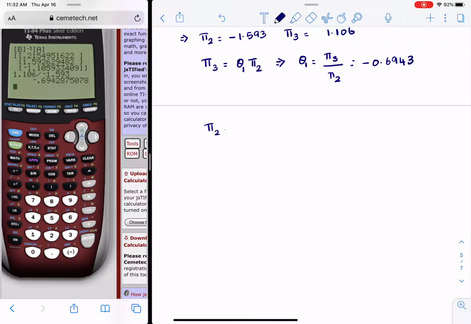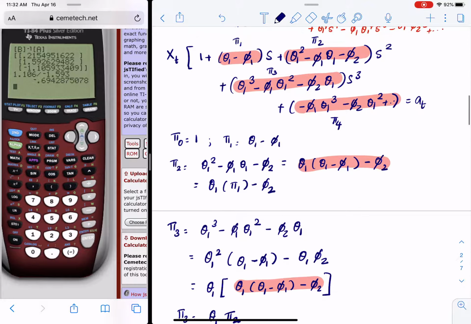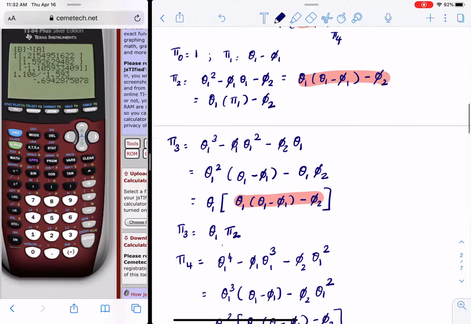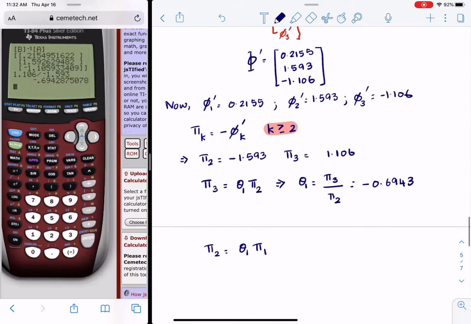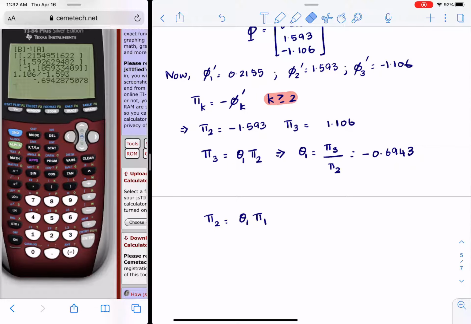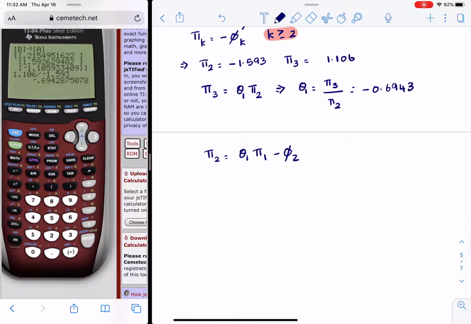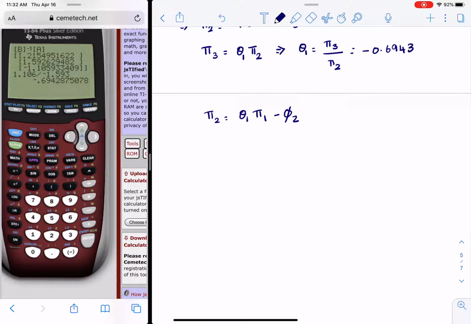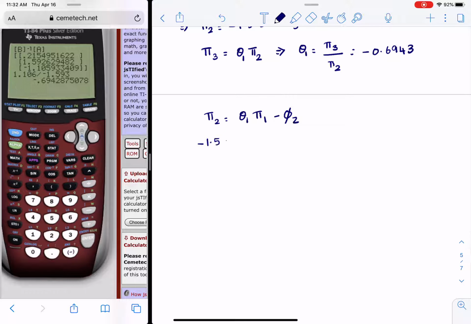We could go back one more step. We know pi 2 is theta 1 times pi 1, oh, sorry, we can't do that. It's theta 1 pi 1 minus phi 2, because the recursion holds only for k greater than or equal to 3 when it comes to the pi's. So we know pi 2 is negative 1.593.